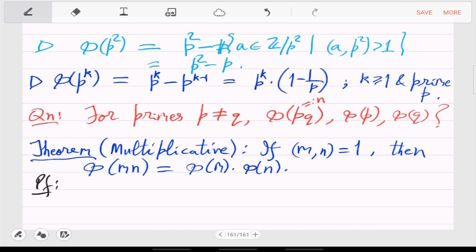So how do you show such a thing? How will you show that this identity holds? Can't be the same thing. This looks more complicated.